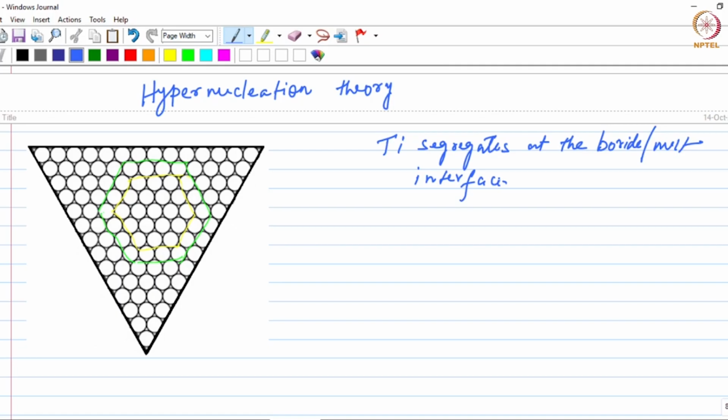Okay, and due to that, the mobility of the aluminium atoms in the liquid will be restricted.